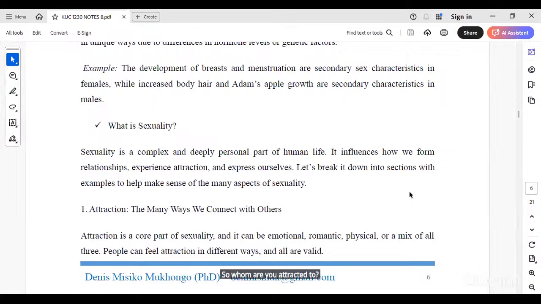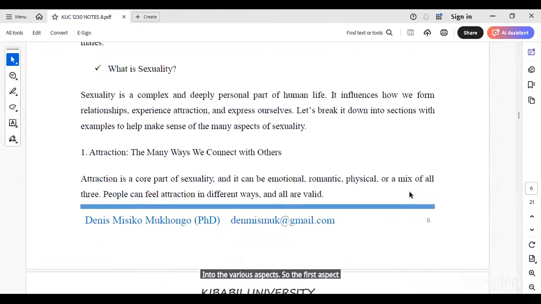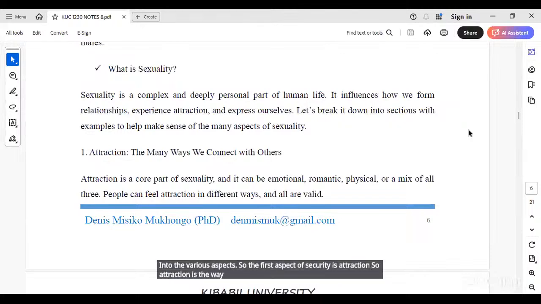Okay, and how do you express that attraction? To understand sexuality, let's break it down into the various aspects. The first aspect of sexuality is attraction. Attraction is the way you make a connection with someone.